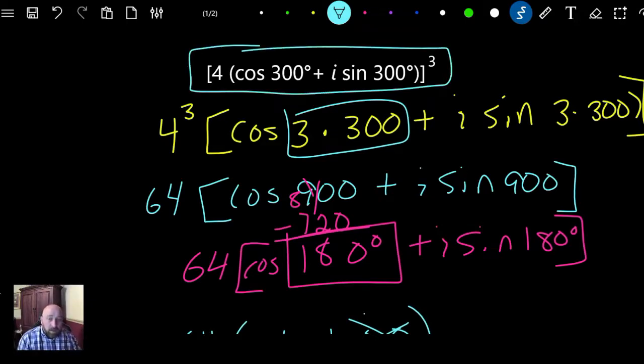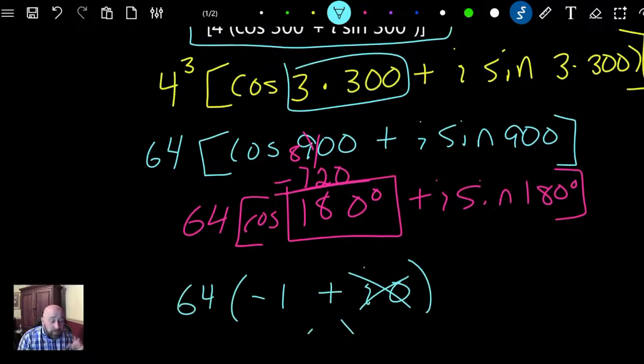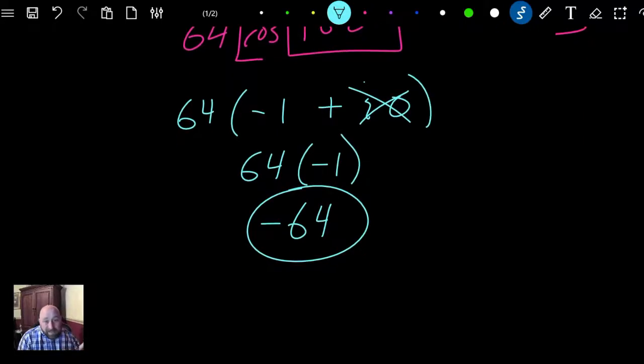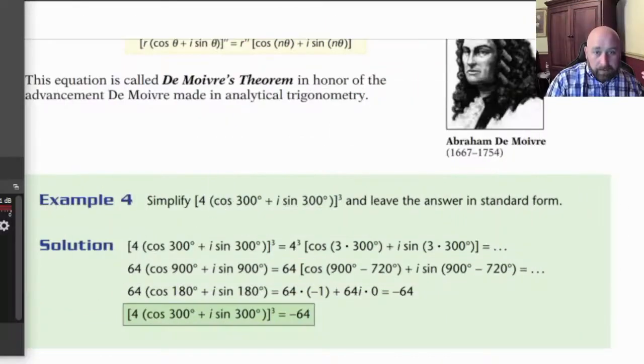But what we did was we found that trigonometric number, that trigonometric coordinate, to the third power, okay? And the way that we did that was we used de Moivre's theorem, plugged it in, worked it out, and it gave us -64. You just write down whatever it gives you. Whatever your answer is, that's what you're going to put, okay?